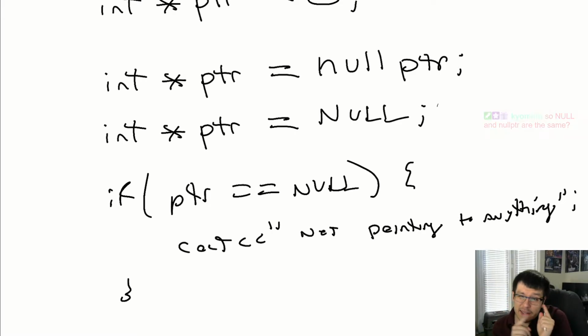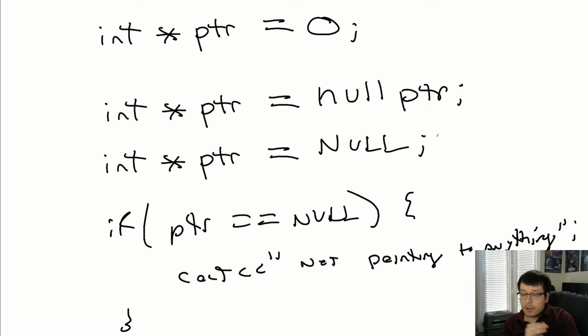Technically speaking, nullptr is a C++11 thing, and I think it's implemented slightly differently. So let's just say this: if you're going to use nullptr, stick to nullptr. Don't be comparing nullptr and NULL. However, NULL is literally a 0, so comparing 0 and NULL is perfectly okay.